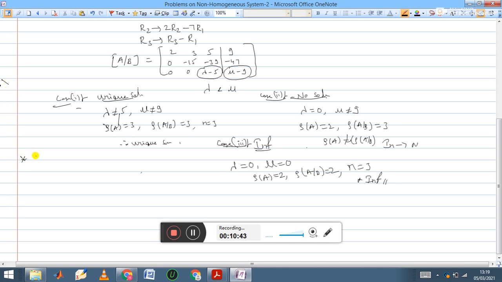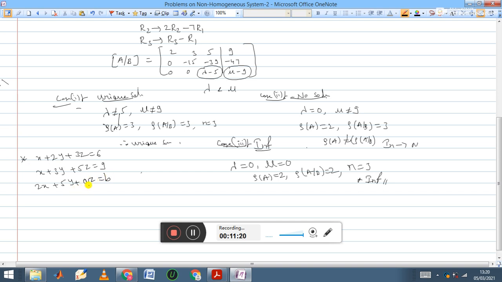Second problem: directly I am writing the equations: x plus 2y plus 3z equals 6, x plus 3y plus 5z equals 9, 2x plus 5y plus az equals b.